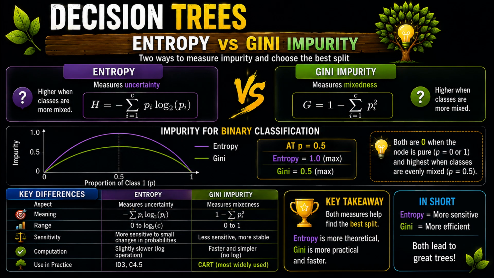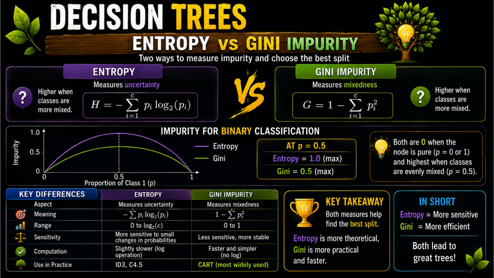For example, for binary classification, the maximum for entropy is 1, and the maximum for Gini is 0.5. Both are 0 when the node is pure. Entropy measures uncertainty, Gini measures mixedness, and the formulas are given here, with ranges 0 to log 2 C and 0 to 1.